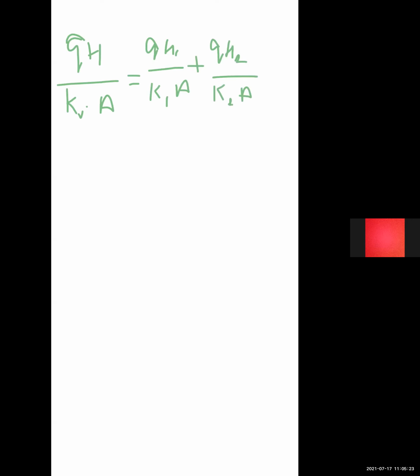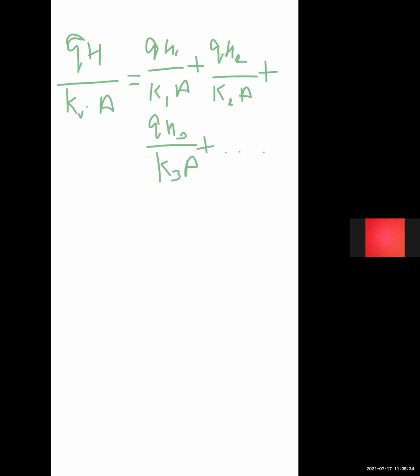now we can write here QH divided by KV into A equal to QH1 into K1A plus QH2 divided by K2A plus QH3 divided by K3A plus so on.